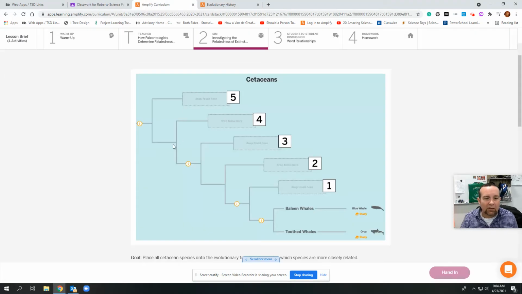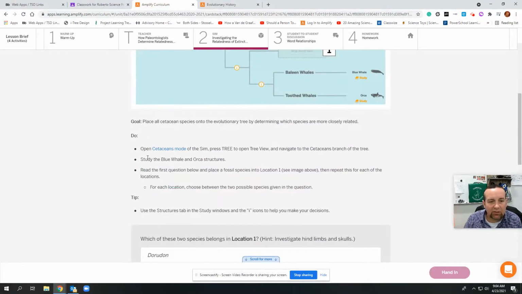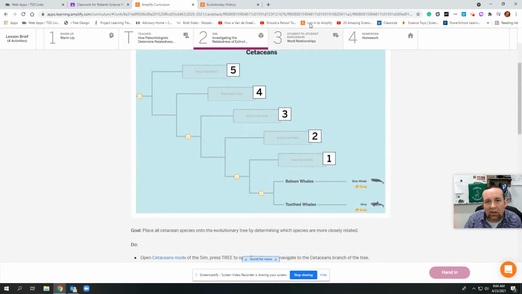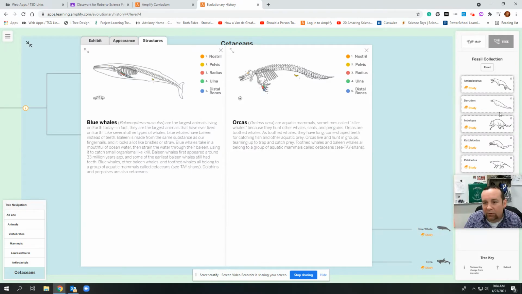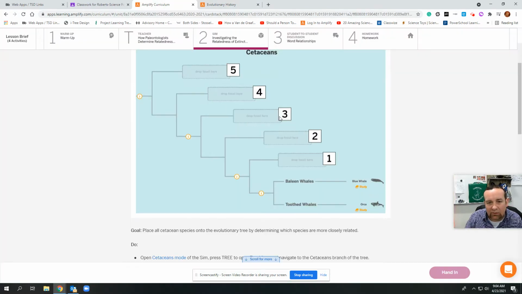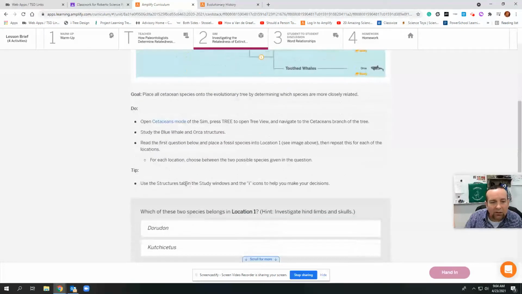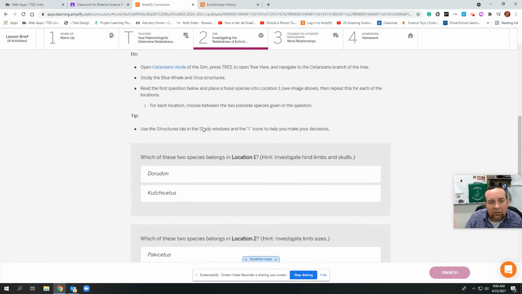Okay, so going step by step here in the sim, we studied the blue whale and orca structures. Now what we need to do is take this fossil collection over here on the right, including Mr. Roberts, and put those into the correct positions based on their structures in the tree.